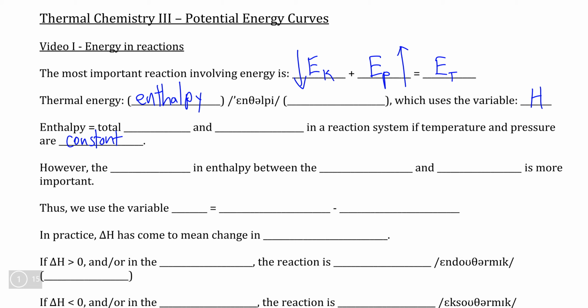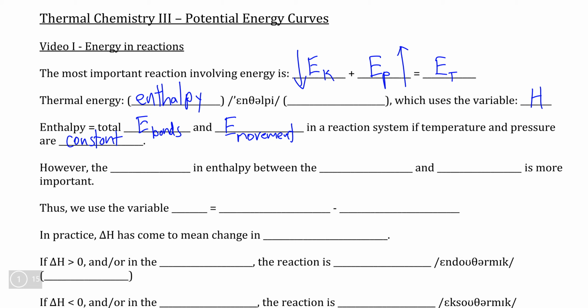If we break down what the term enthalpy literally means, enthalpy is a measurement of the total energy that is stored within the bonds of all compounds within a reaction system, which is what potential energy is, added to the total energy of movement of those particles within a reaction system, which is what kinetic energy is.